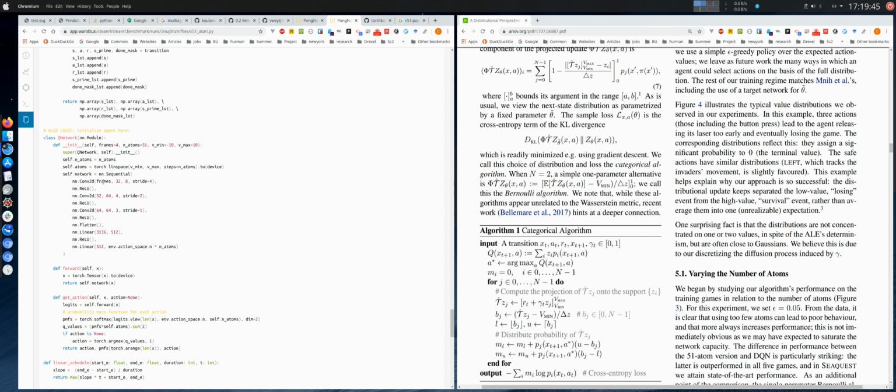First of all, the inputs are the frames and the pixel inputs, which go through the neural network, then a ReLU layer, a convolutional layer, and so on, and then eventually you flatten it, connect it with a linear layer, and what you output is the number of actions times the number of atoms, and that'll give you essentially the distribution of the returns for different actions.